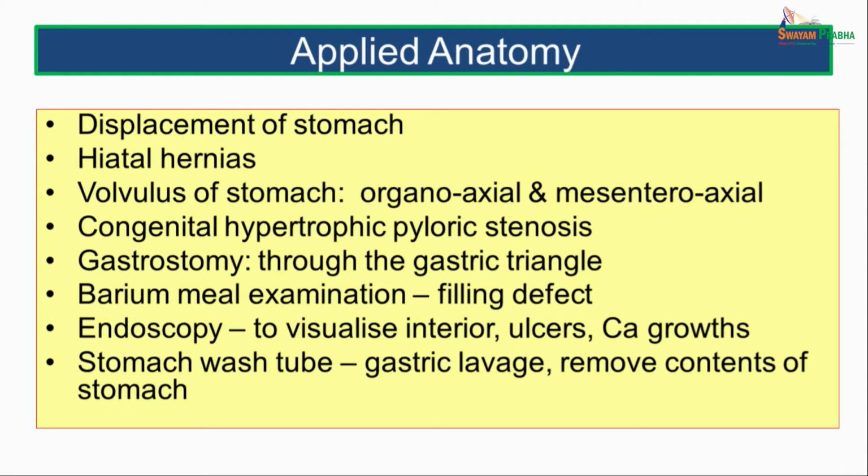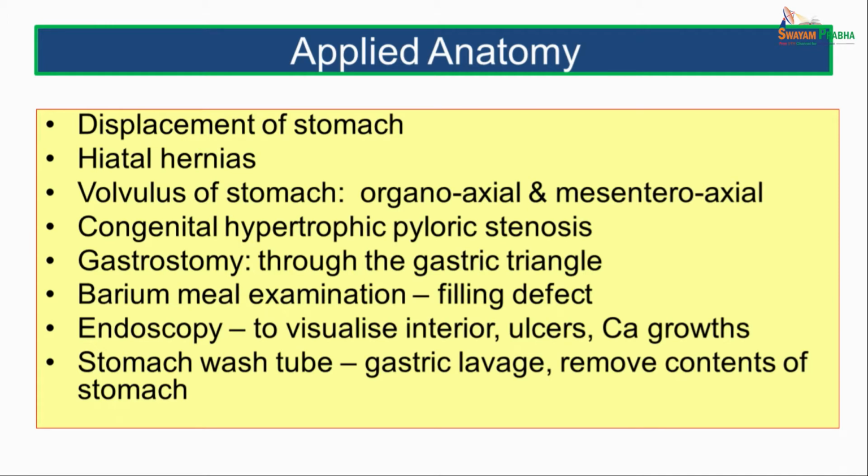The stomach has its two ends which are very much fixed in their positions and thus is unlikely to get displaced in a normal condition. In conditions like hiatal hernias, the stomach can either have a sliding or a rolling herniation through the opening of the diaphragm, and that is how the stomach gets displaced into the thoracic cavity through the esophageal opening in the diaphragm.